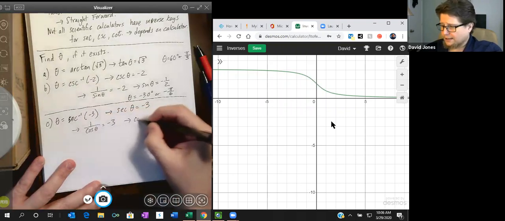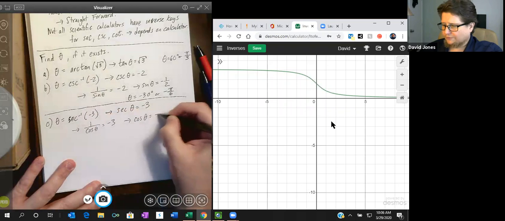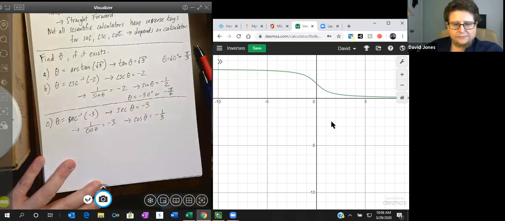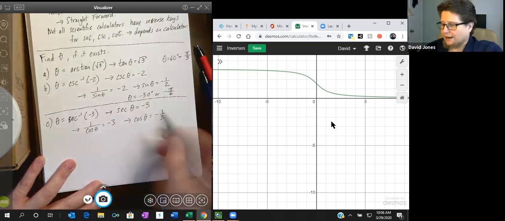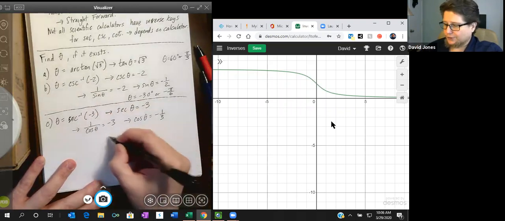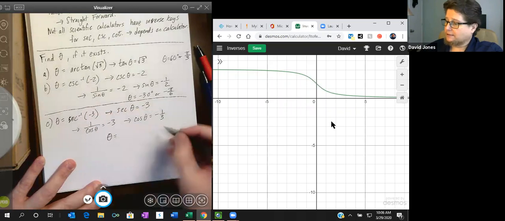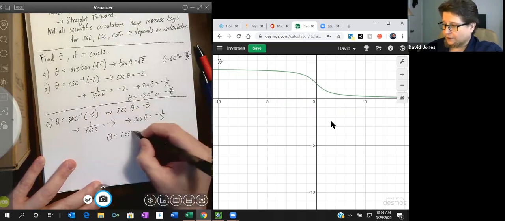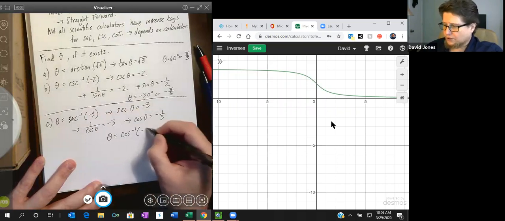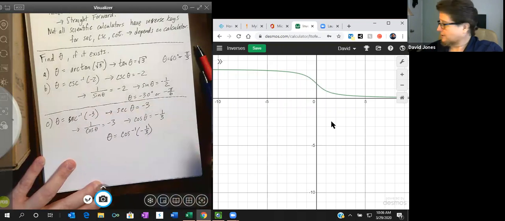So cosine theta equals -1/3. And now check this out. Now let's turn it back into inverse form. Theta equals cosine inverse of -1/3.